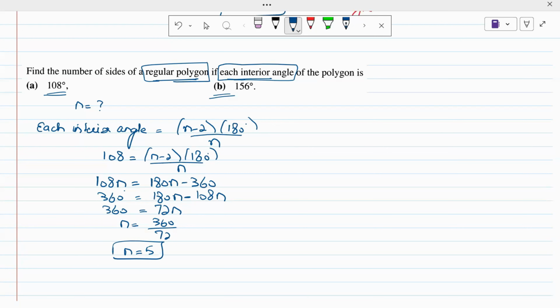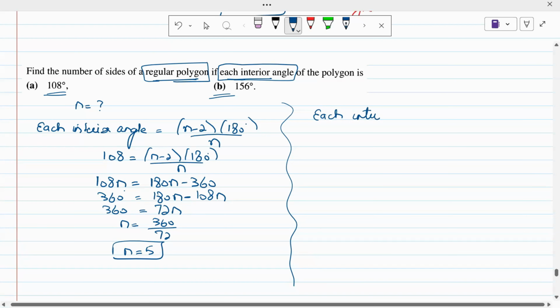Part B is still the same. Again, we have been given each interior angle, which is 156. So we start with the same formula: each interior angle is equal to (n minus 2) into 180 upon n. Each interior angle, that is 156, is equal to (n minus 2) into 180 upon n. Here again, we'll do some cross multiplication.